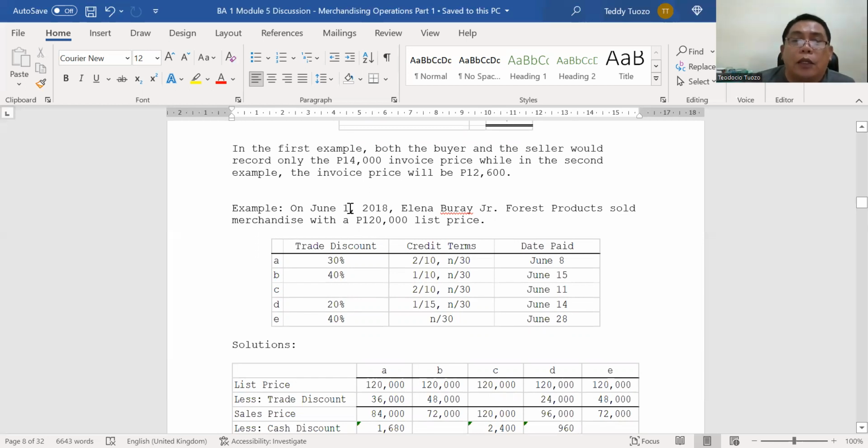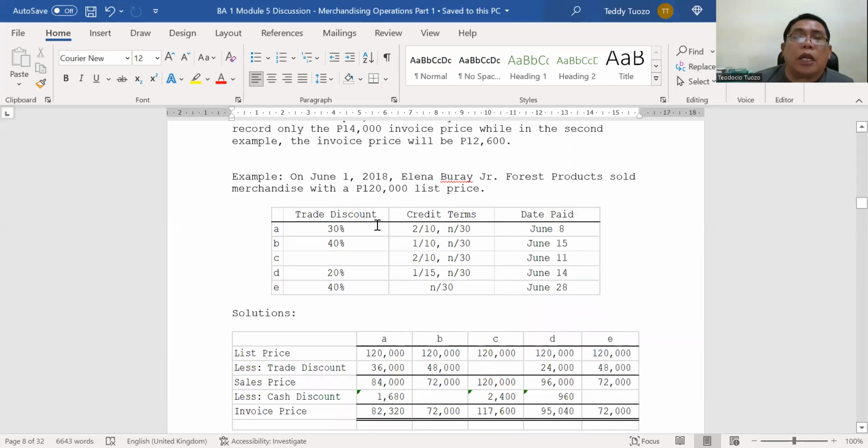Take note that the invoice date, or the transaction date, is June 1. Then the trade discounts and the credit terms are as mentioned here, and the dates that transactions A up to E are paid.